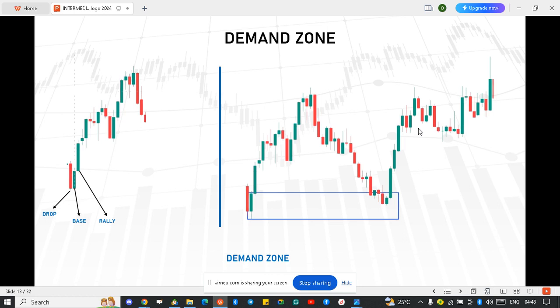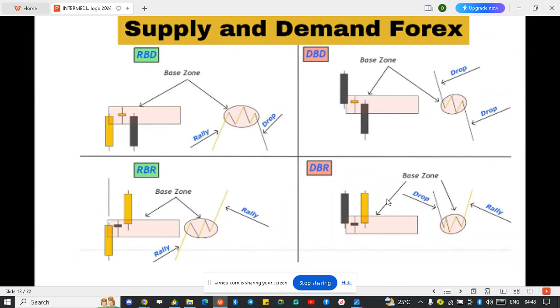But if it's just one, like we have right here, can you see drop, base, rally, one base only, we mark it, there's a high tendency that zone is going to hold water. The same thing applies for supply, the same thing applies for demand. So either you are trading a demand continuation or a demand swing, a supply continuation, a supply swing, it is important that the bases are just one.